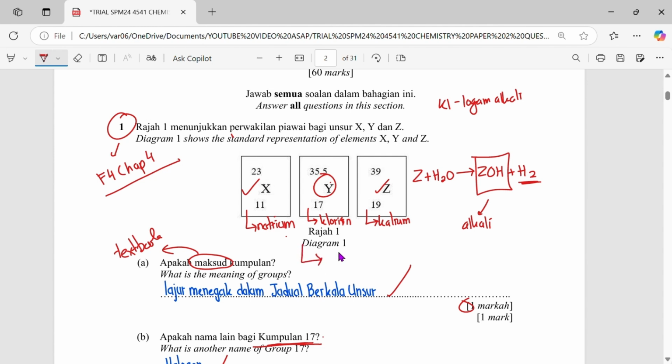Okay. Let me just quickly write down the equation for you. Okay. So now remember kumpulan 17, okay? Kumpulan 17, it exists as dwiatom. That's why there's Y and then there's 2 down there, right?